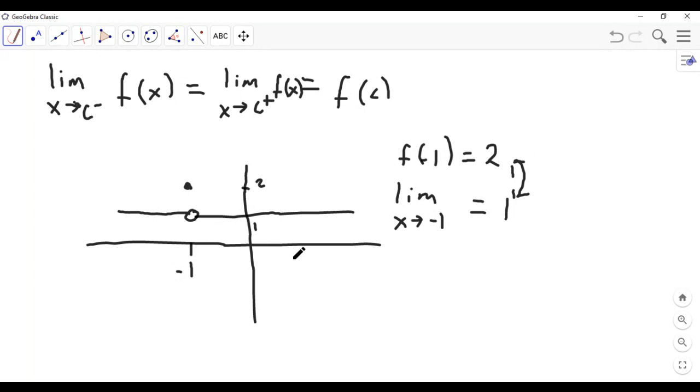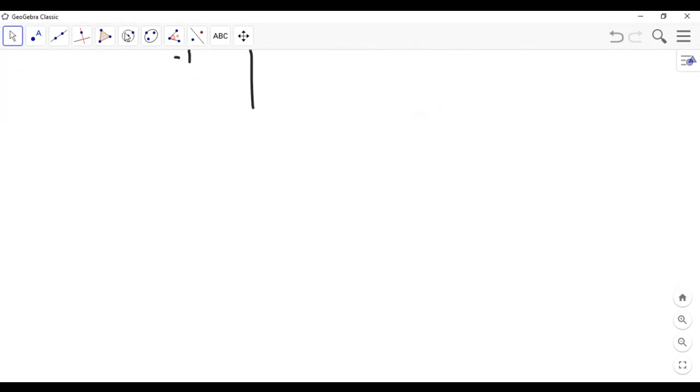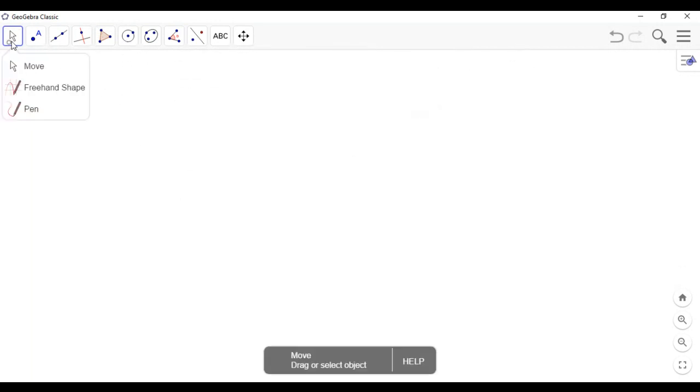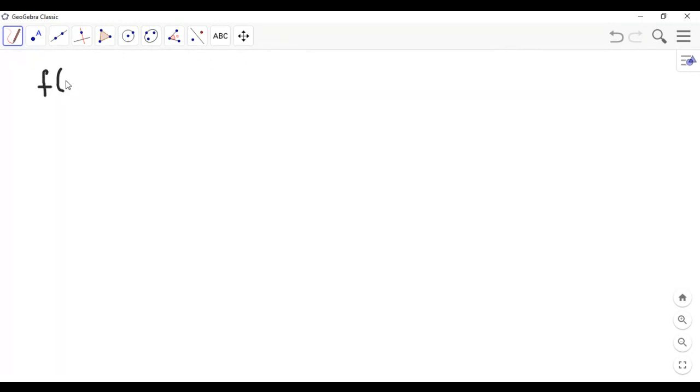If we wanted to go ahead and get into a couple of examples, what we would do is we would just say, for instance, if we have f of x equals the square root of x. This is a pretty simple example.